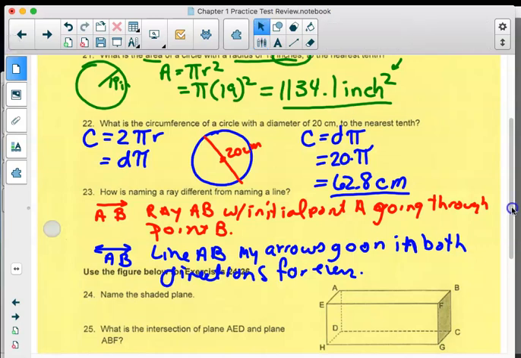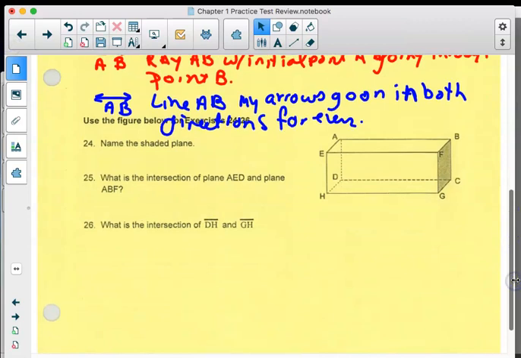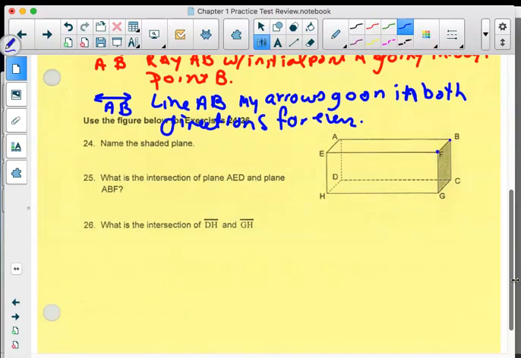Now our next one. Name the shaded plane. Okay, this shaded plane. A plane is named by 3 points. And I go plane F, B, C. Why do I write plane in front of it? Remember, 3 points define an angle. 3 points define a plane. 3 points define a triangle.